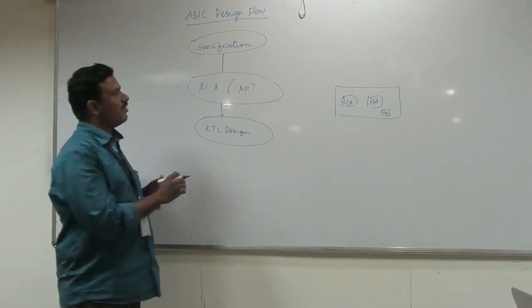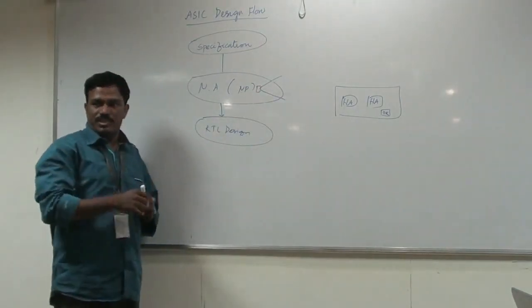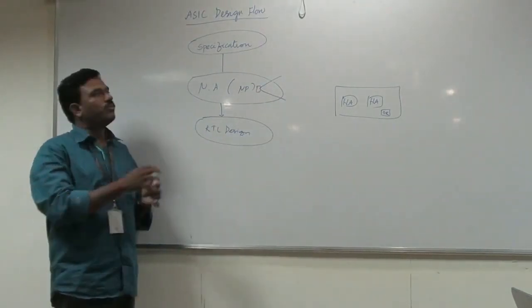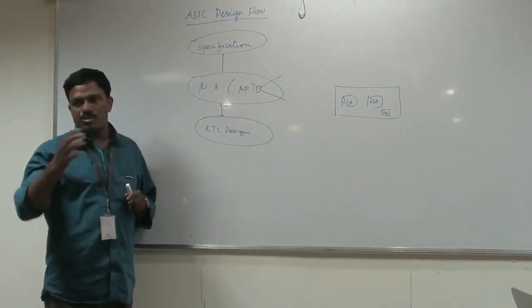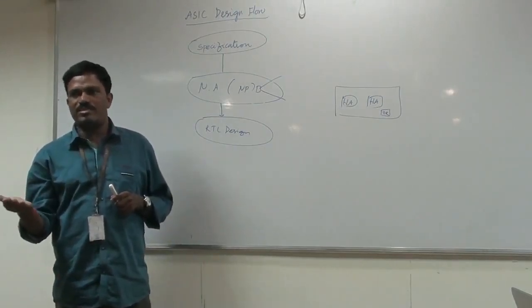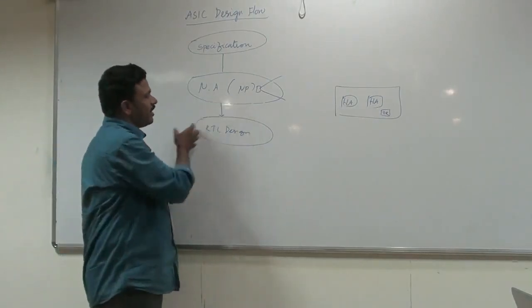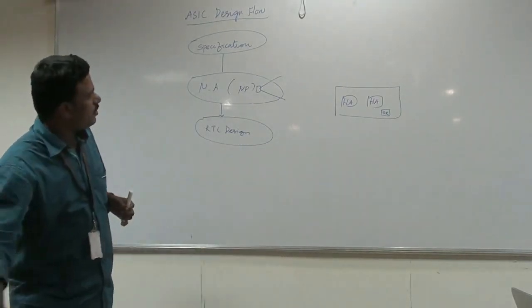Each and every module is given to different low level engineers. He may assign some modules to lower level project leads, and project leads assign the work to lower level engineers. The work is divided into different groups, block by block.